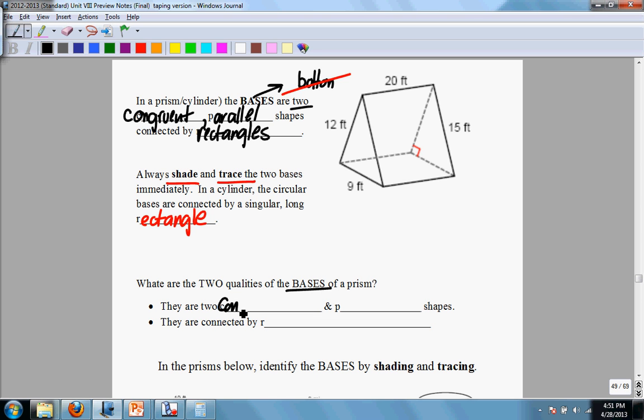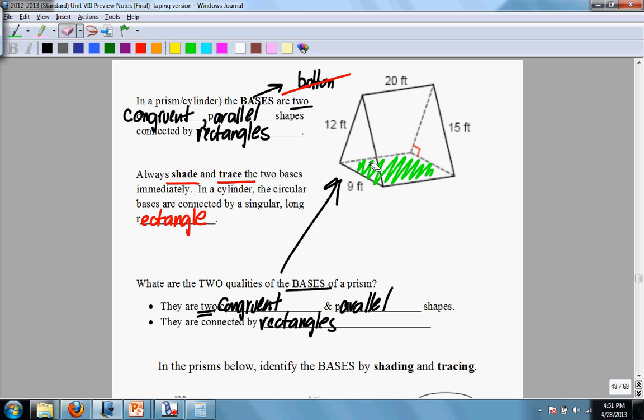They are congruent and parallel, and there's two of them, underline two, and they're connected by rectangles. So in this shape, that green is not the base, because base and bottom are not the same thing.